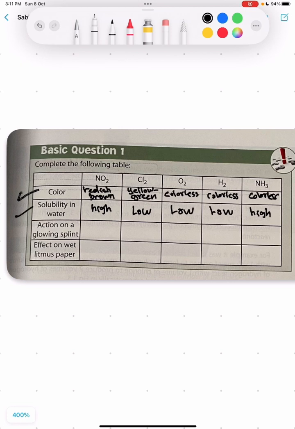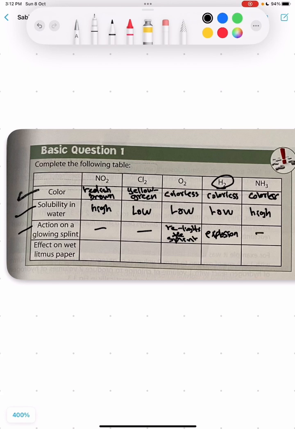The action on the glowing splint. Nitrogen dioxide, nothing. Cl2, nothing. O2, it relights the splint. For the highly reactive gas, hydrogen, explosion.